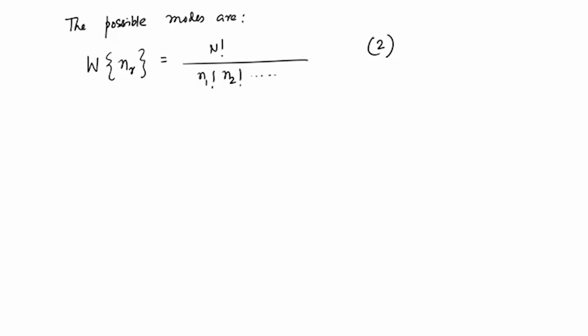Having said that, it is also true that for getting fixed values for the thermodynamic parameters, it is important that there is a most probable distribution among all these equally probable ones as well. What it means is that not all of them contribute equally to the distribution.